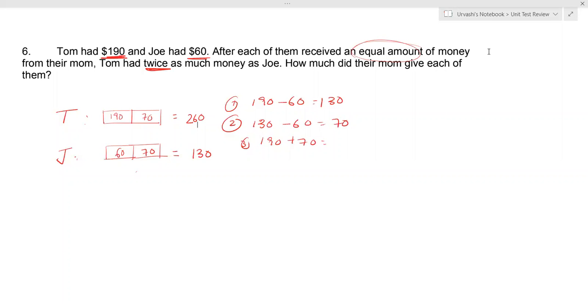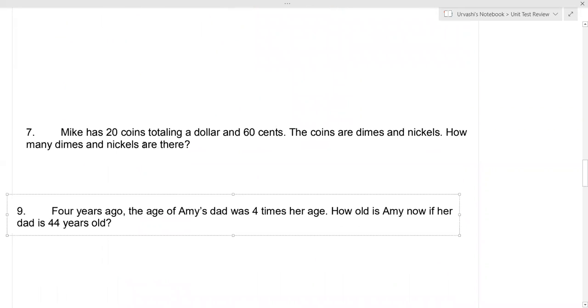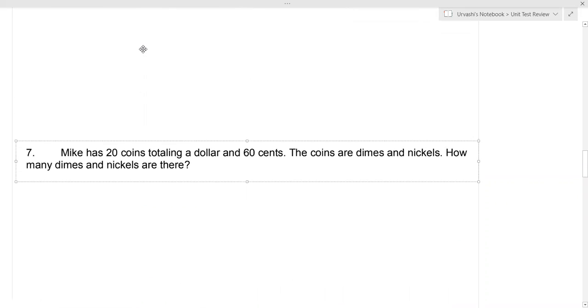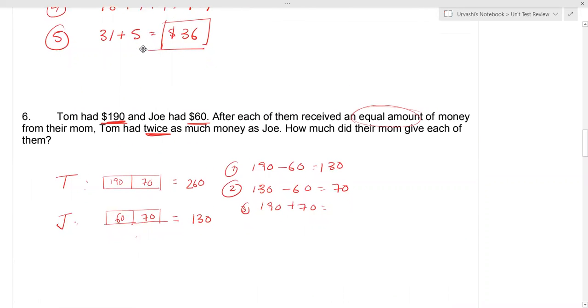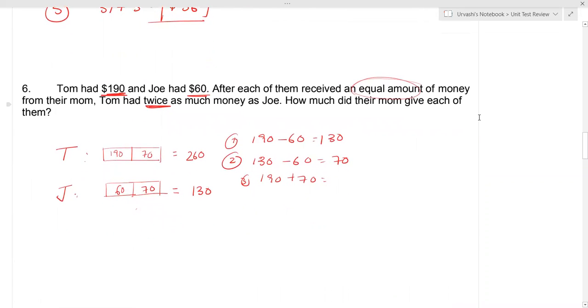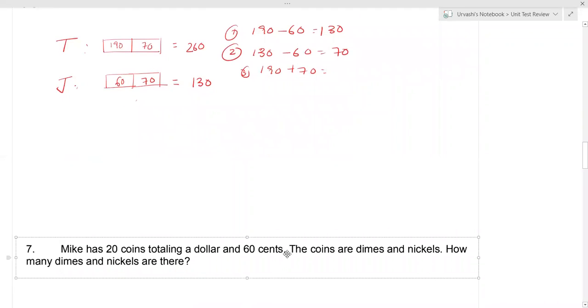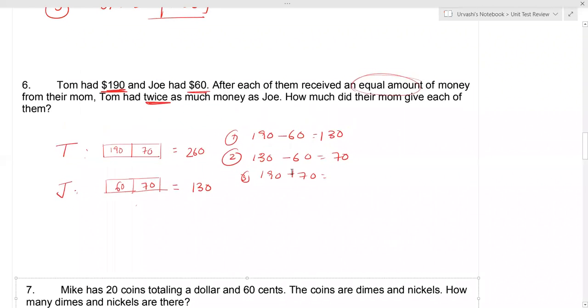I think Joe has $70, and then mom has, is it 260?